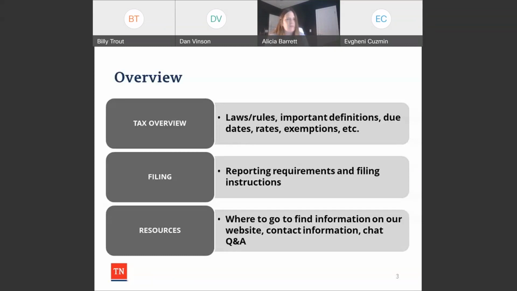Also going to talk a little bit about the reporting requirements and filing instructions, and mention a few of the resources, so where you can find information on our website, contact information, and then we're also going to have a brief Q&A after the presentation.